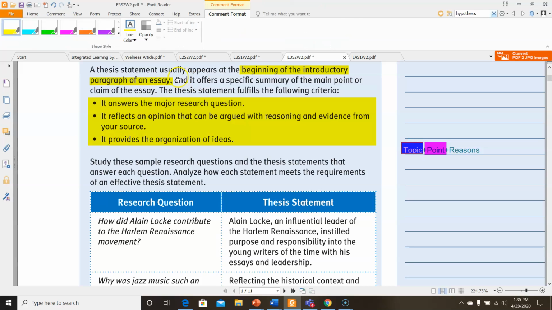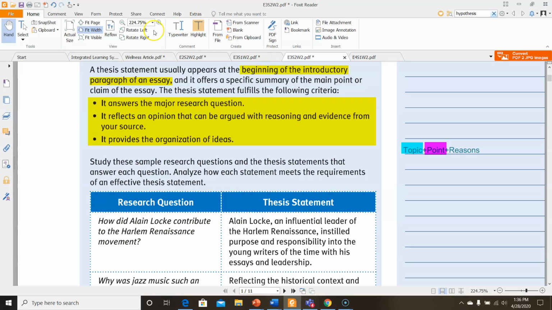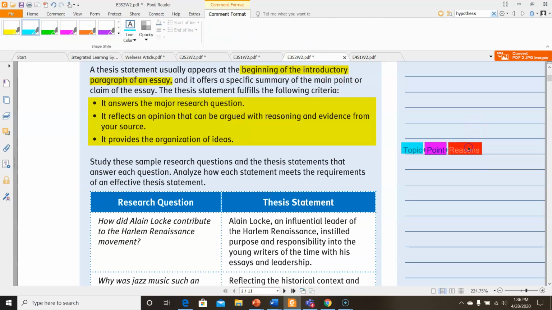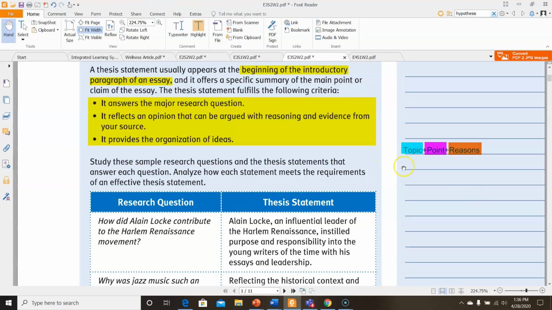I want to make topic teal, pink for point, and then for reasons, let me get my highlight tool again. For reasons, we are going to highlight this in red. Okay, so we have our topic in teal, our point in pink, and red for reasons.